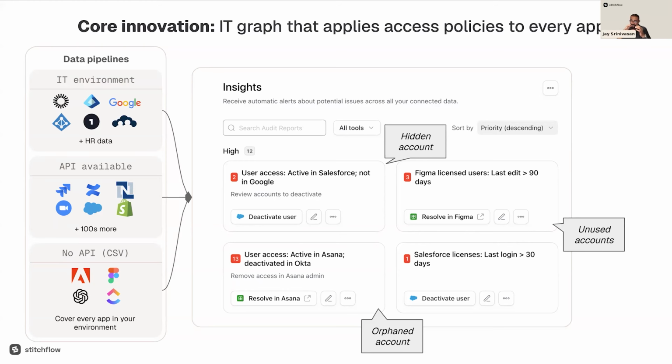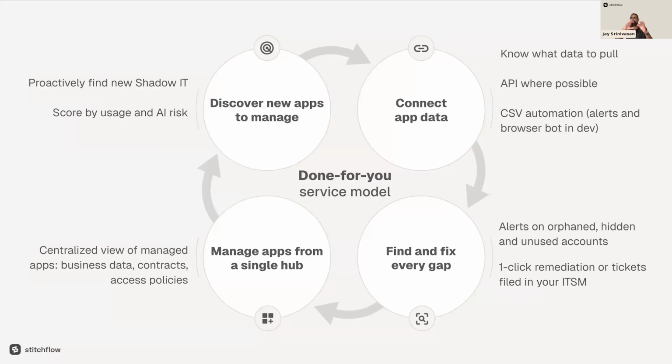Now, this IT graph sits in the context of a done-for-you service model. Starting at the top right, the number one thing that we're very good at is knowing application by application what data to pull, as well as connecting through that API or automating collection of your information through CSV. So step one, Stitchflow is connecting to all of your applications, either through API or CSV, and automating that.